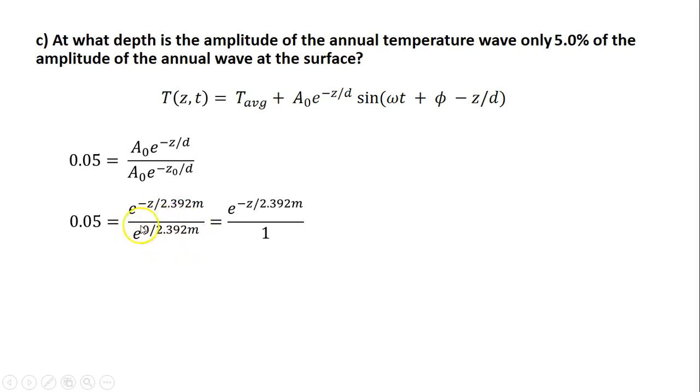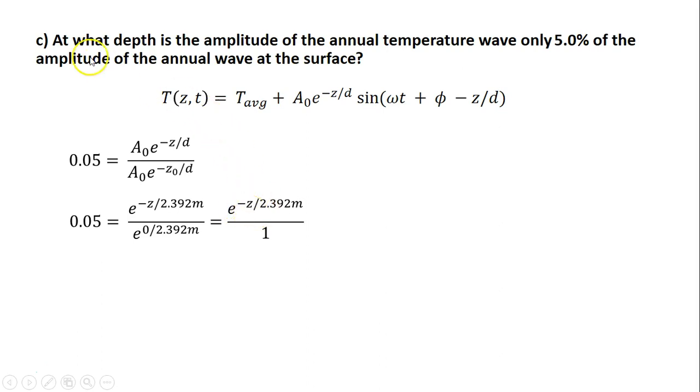And here in the denominator we have e to the 0 power because we said in the denominator we are looking at the soil surface, so this z value is equal to 0. And further, we see that anything raised to the 0 power is equal to 1. So now our equation is simplified a little bit, and the only unknown value that we have now is this z value, which we need to solve for.